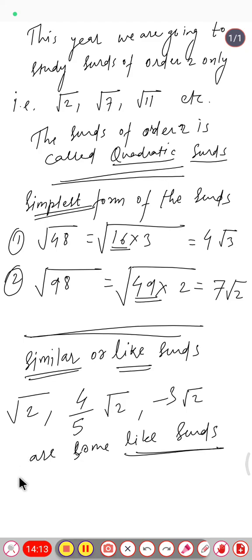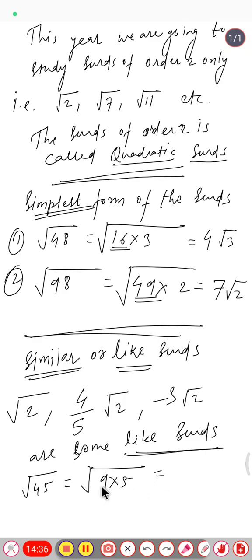See here, if we take one example by which you are able to understand this. First of all, root 45. We can say that here it's 9 into 5, that is 45.